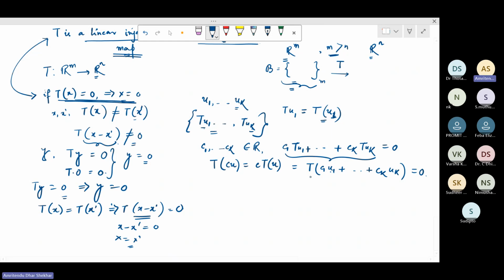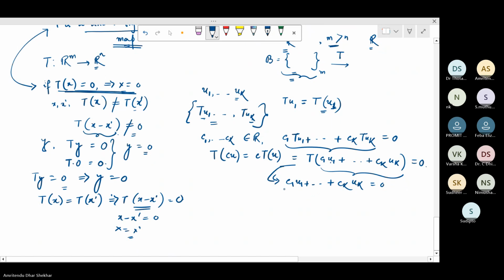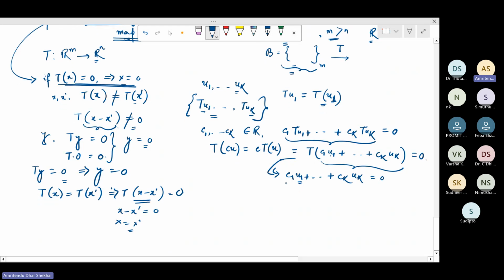So if this is equal to 0, that implies that this has to be equal to 0. But it is given to you that U1 to UK are linearly independent vectors. So if this were to be equal to 0, the only possibility is that each of these CIs is equal to 0.